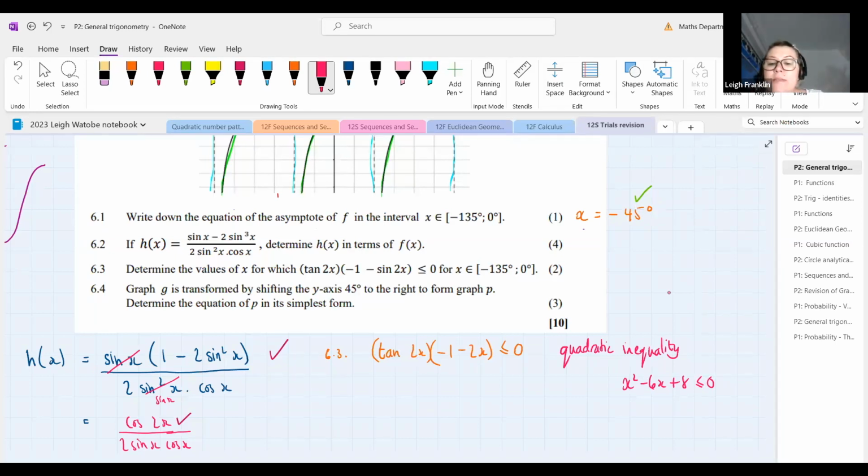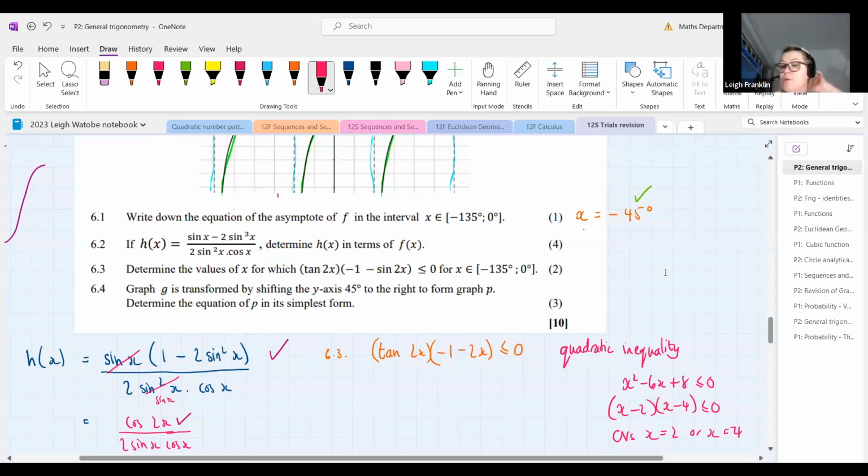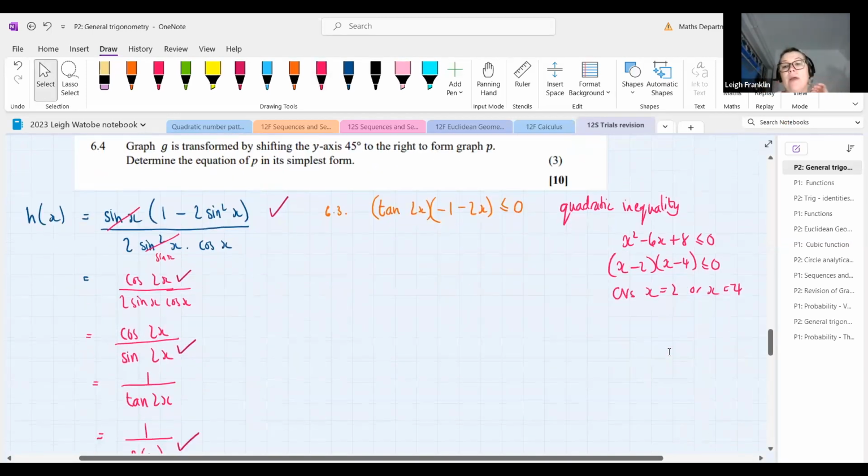So our next step would be to factorize. In this case, we would get x minus 2 and x minus 4. And then we would find our critical values. So that would be where x was 2 or where x was 4. And we call them critical values because that's the value at which y changes from either being negative to positive or positive to negative.